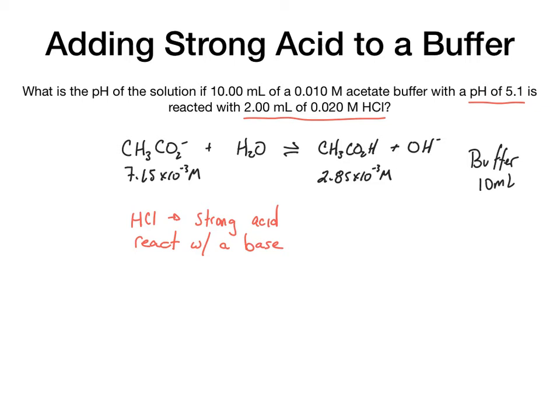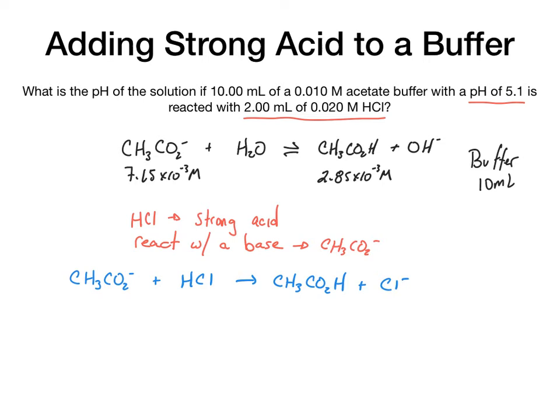And the base in this buffer is our acetate. So we have a reaction happening, which is our acetate plus our HCl forming acetic acid plus chloride.